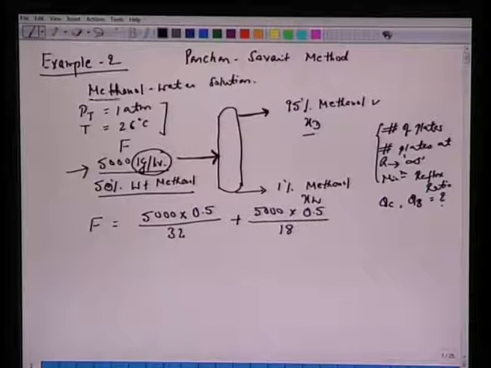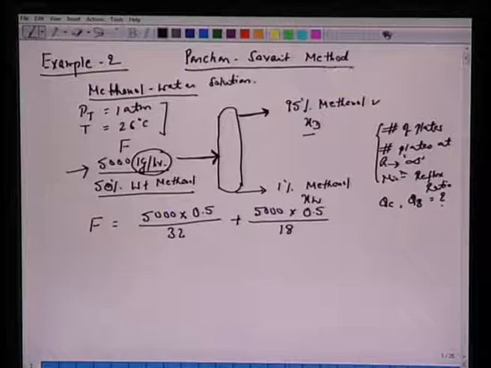So this is a methanol water system. All we are trying to say, before we proceed further in applying this Ponchon-Savarit method to answer these questions, is that we need to write everything on a mole fraction basis. Everything is given on a weight fraction basis, and we are converting it into a mole fraction basis. So we calculate 216.8 kilomoles per hour.